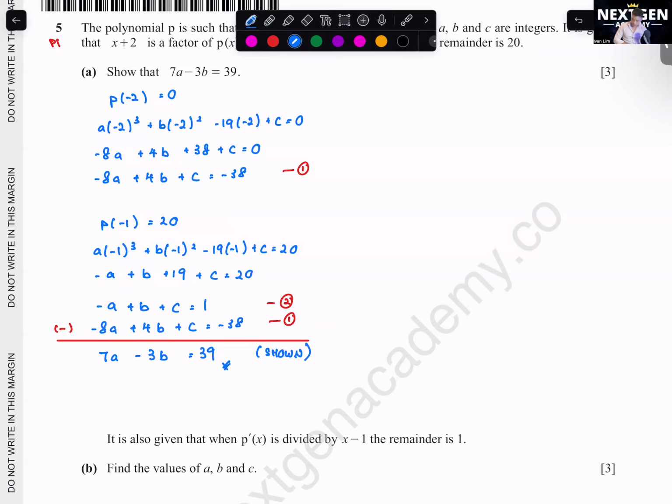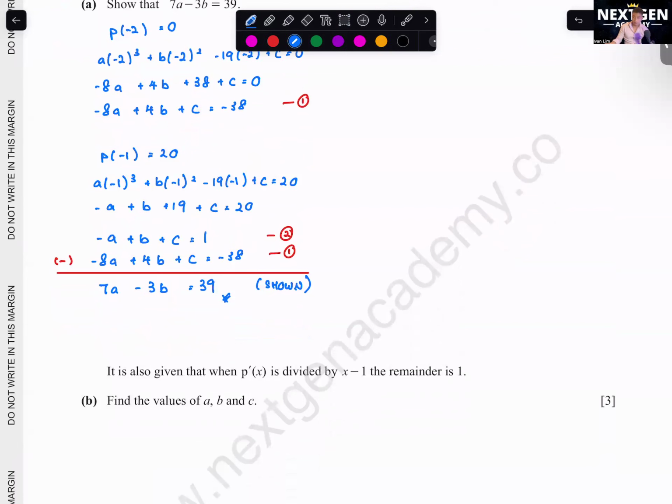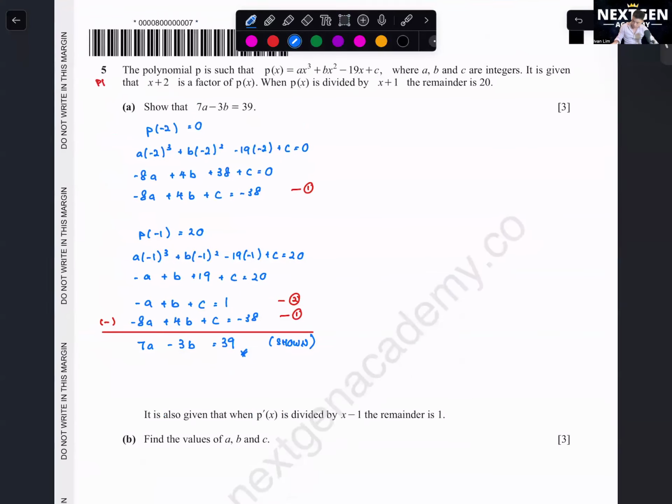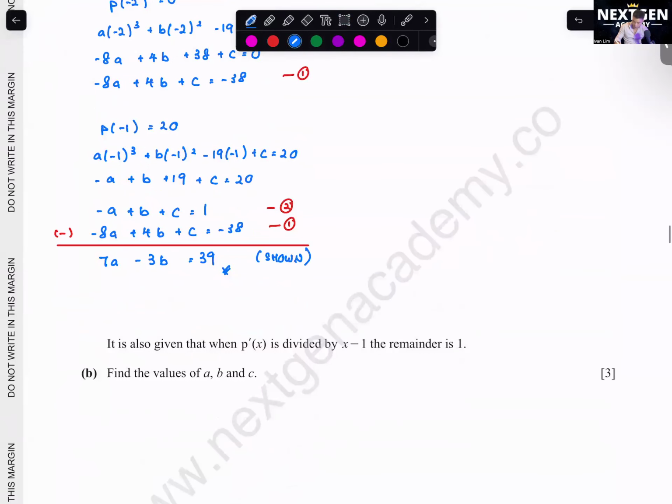Question B. It is also given that p'(x) is divided by x minus 1, the remainder is 1. Find the values of a, b, and c. p'(x) means your first derivative of p. What is p(x) first? ax cubed plus bx squared minus 19x plus c. Let's differentiate that. So p'(x) equals 3ax squared plus 2bx minus 19.